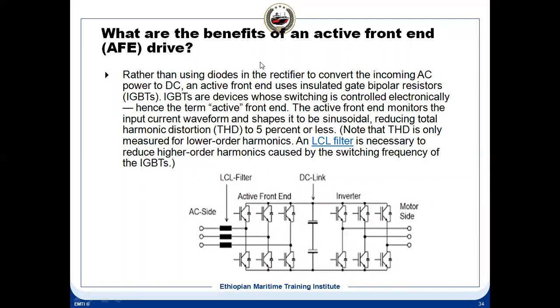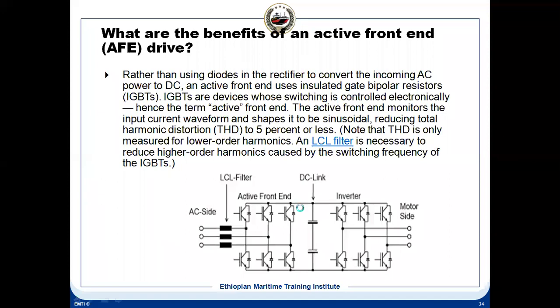Active front end means instead of using the rectifier in the front end converter, we are using IGBTs. What is the advantage? You don't need a braking resistor, because whenever you give a crash stop to the engine, the energy flowing back from the motor can be dissipated if you have a braking resistor. In this case, you don't need a braking resistor. This can be given back to the system.